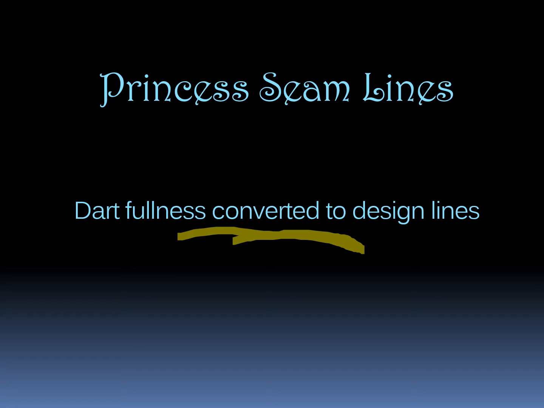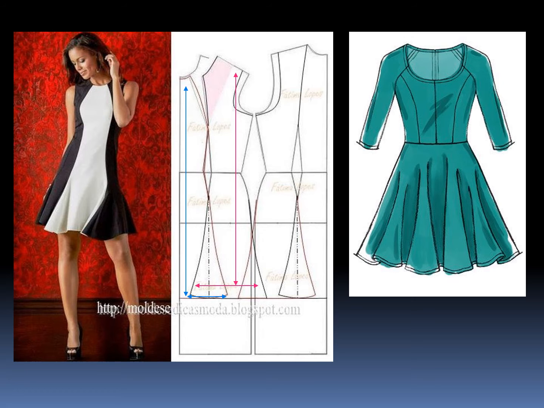You can convert dart fullness to design lines, and when we do that, they're called princess seam lines. I like this example because it has the picture of the black and white dress with the pattern for the black and white dress right next to it.